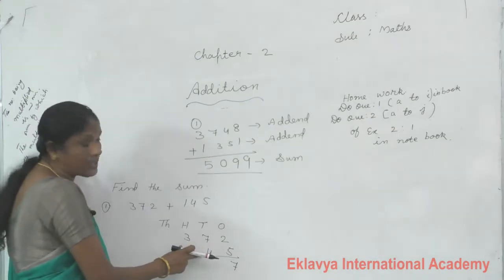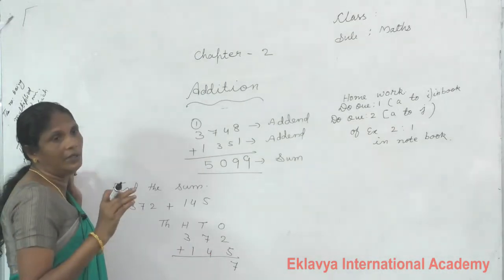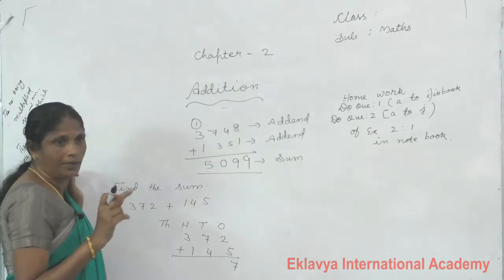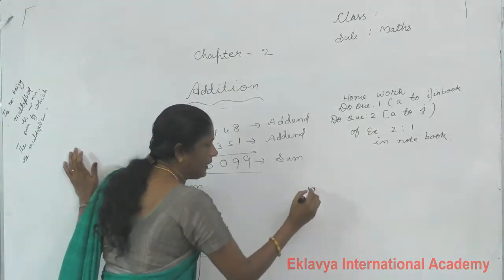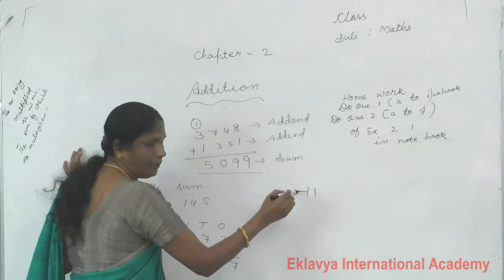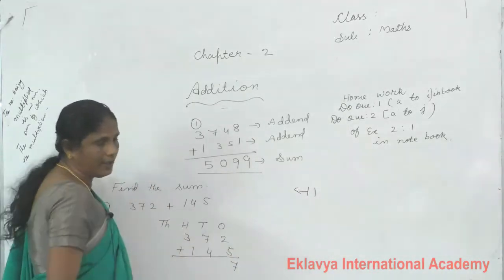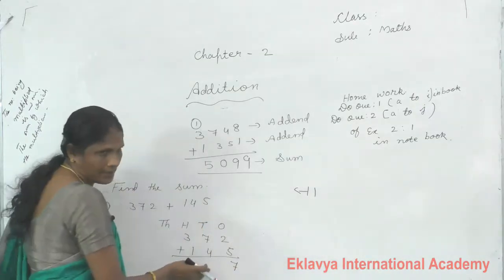Then 7 plus 4, 11. You don't write 11 in whole. Listen here: 11 comes, then the left hand side goes to carry over. The right hand side number comes in our answer.